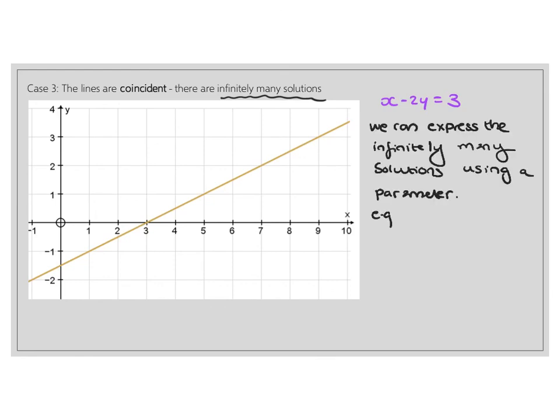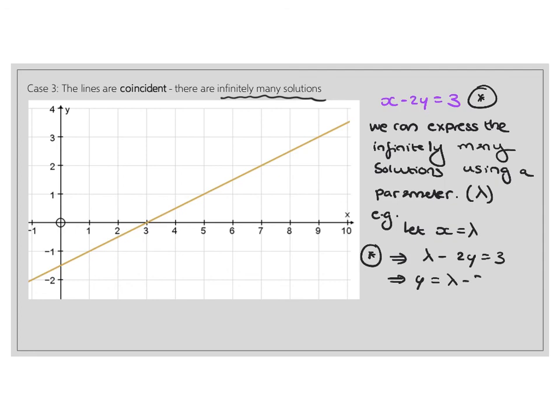So if I call my parameter lambda, what I might do is say let x equal lambda, and then we use this equation here, which is the only equation, and we can then express y in terms of lambda.